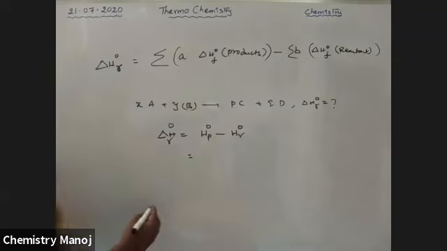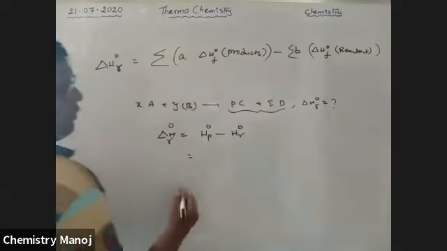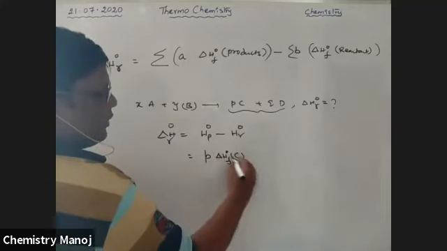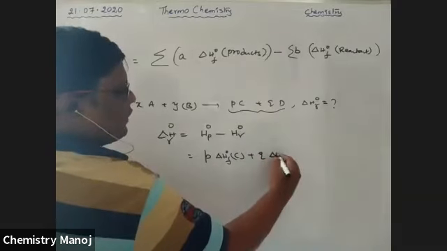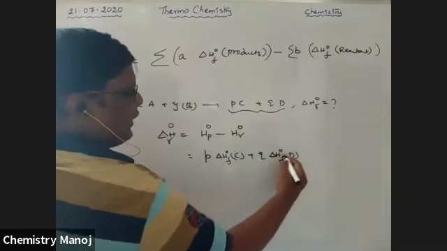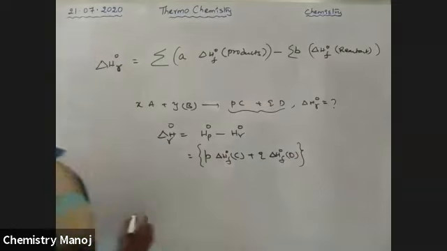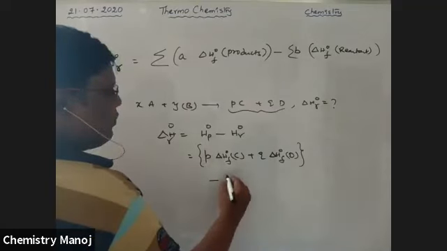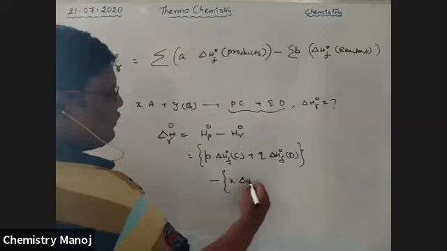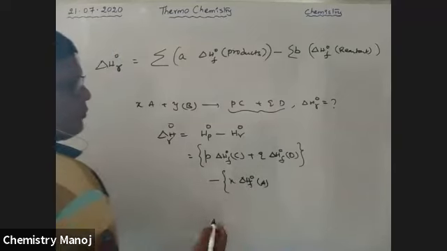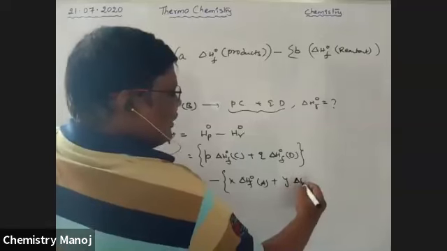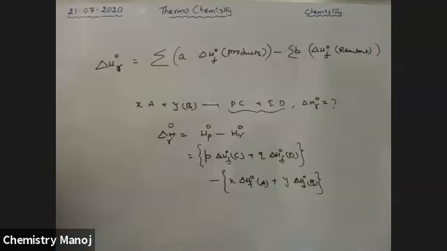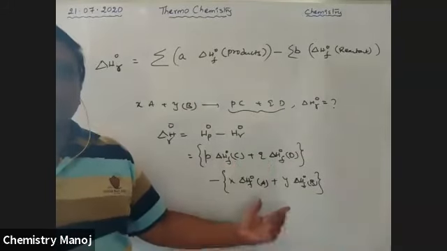So here these are the products. Therefore, P moles of delta H formation of C plus Q moles of delta H formation of D, for reactants, minus X into delta H formation of A plus Y into delta H naught formation of B. So it is a summation of products minus summation of reactants.